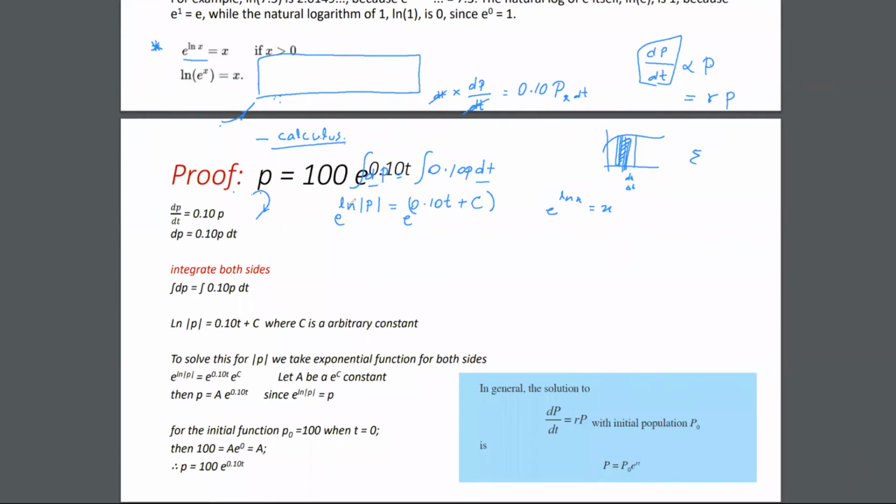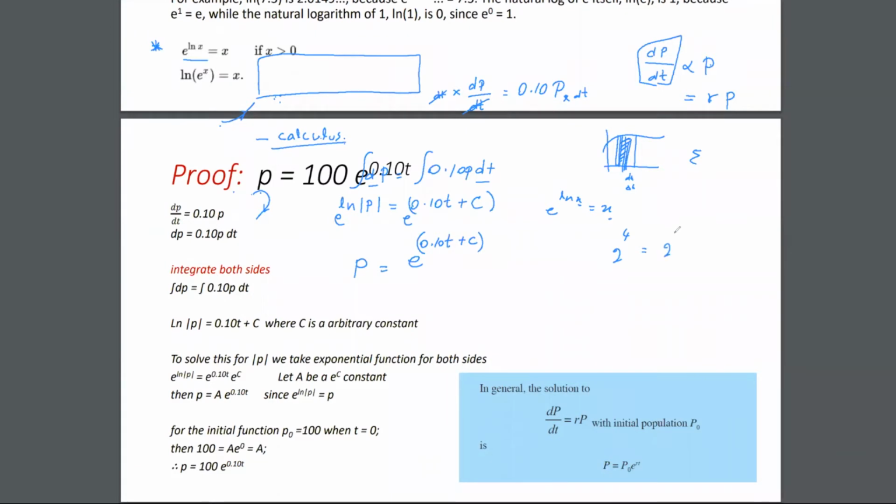So e to the power of ln x gives you x, which means I get p on this side, right? And then I get e to the power 0.10 t, right? And since this is plus c, this is like something like 2 to the power 4.